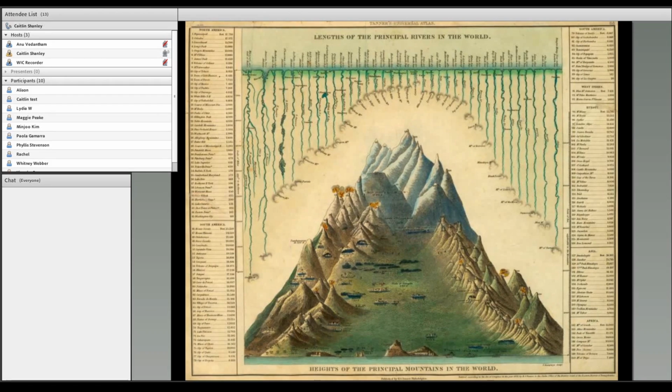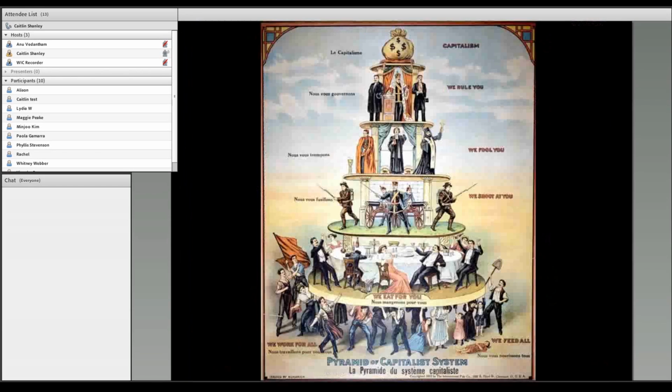So this is a form that you've seen for a long time. It's not totally new. Another example, this is from 1911. It's a print that's illustrating the structure of capitalism. So the idea of doing this kind of thing and some of these conventions have been around for a long time.